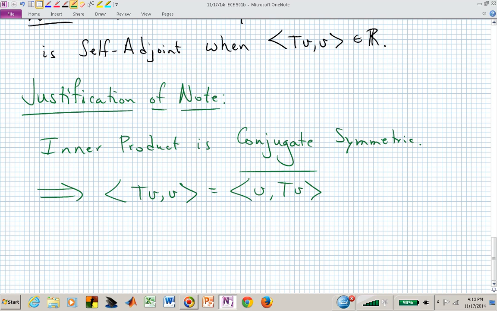That's one of the properties of an inner product. TV with V inner product is equal to V with TV's complex conjugate, where the overbar is the complex conjugate.